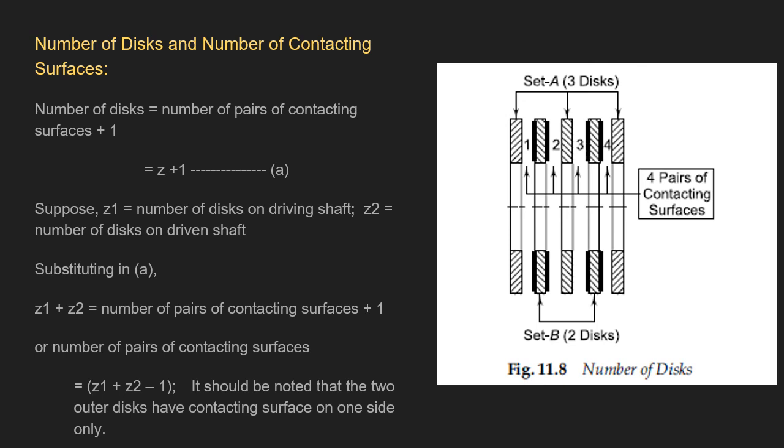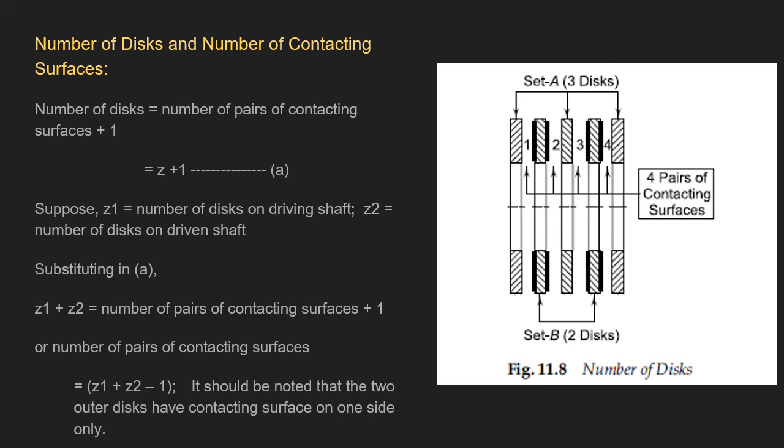Therefore, if Z1 is the number of discs on the driving shaft and Z2 is the number of discs on the driven shaft, then the total number of discs will be Z1 plus Z2, and this is equal to the number of pairs of contacting surfaces plus 1. Or finally, we can calculate the number of pairs of contacting surfaces as equal to the total number of discs that we use minus 1.